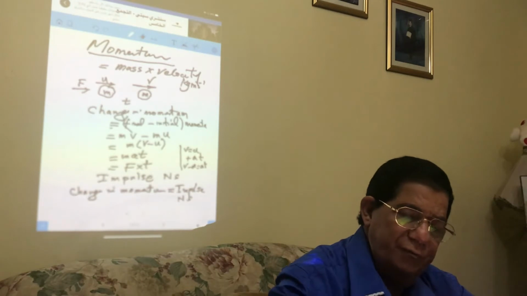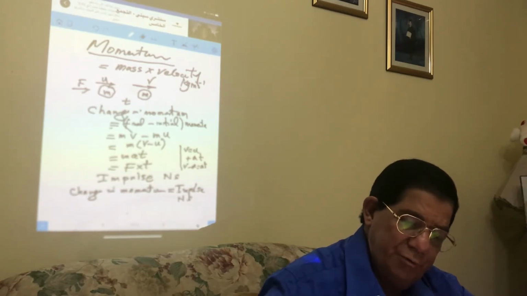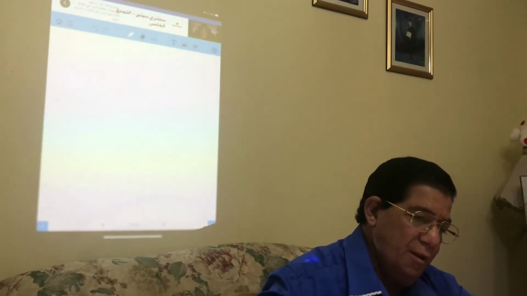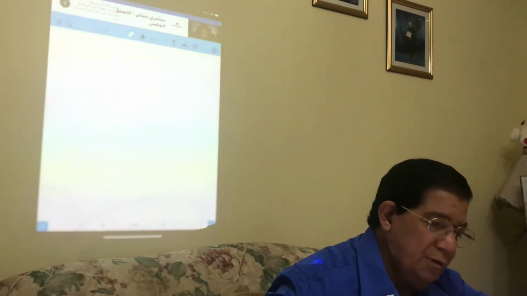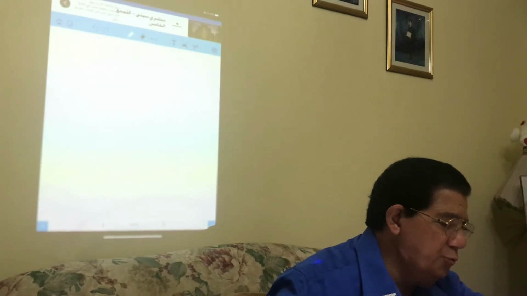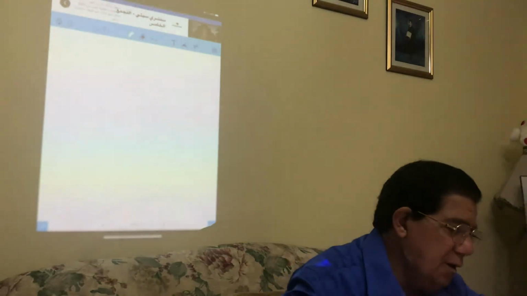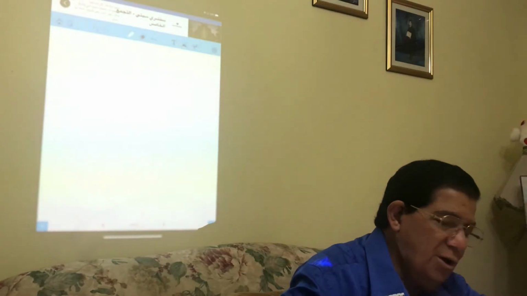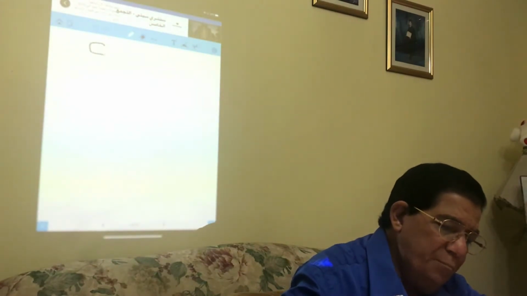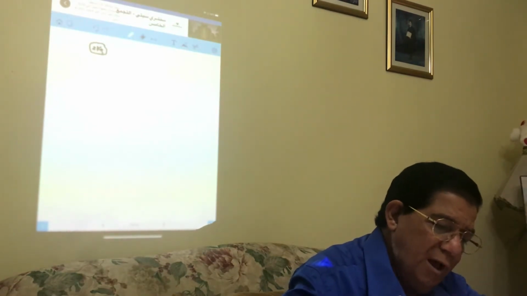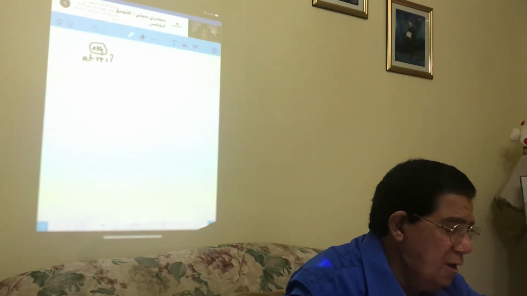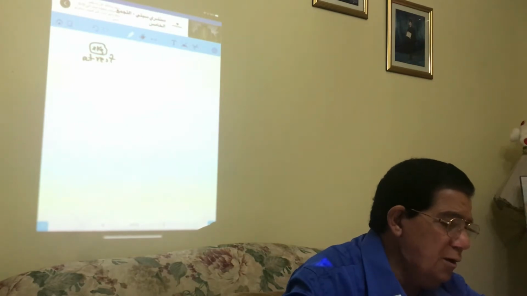Let us have very simple examples. Now, in the book, example number 2, it says, a body of mass 2 kilogram is at rest on a smooth horizontal plane.